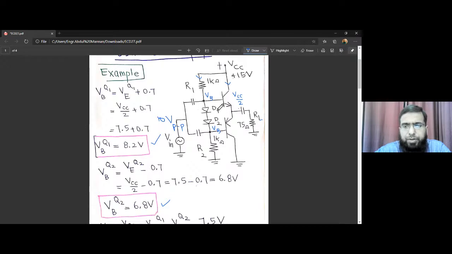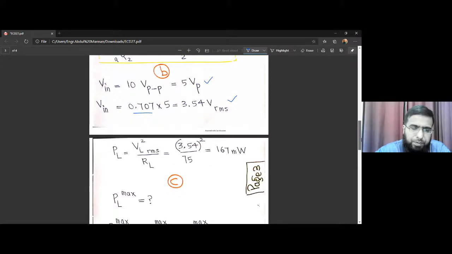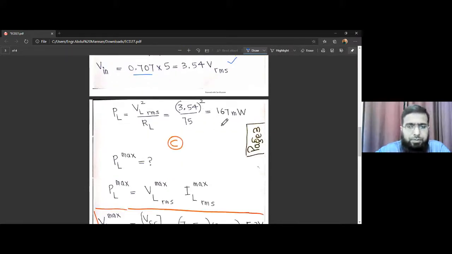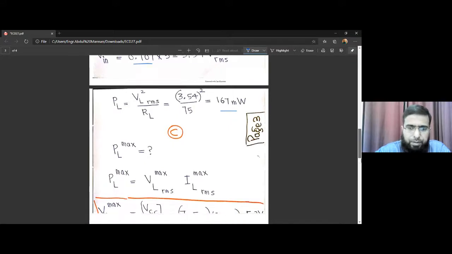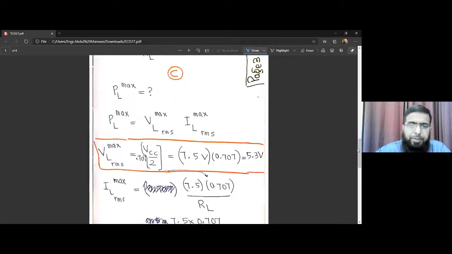We get the same 3.54 volts RMS here. So we have this VL, and 3.54 squared divided by RL gives the power dissipation. 3.54 squared divided by 75 is 167 milliwatts.